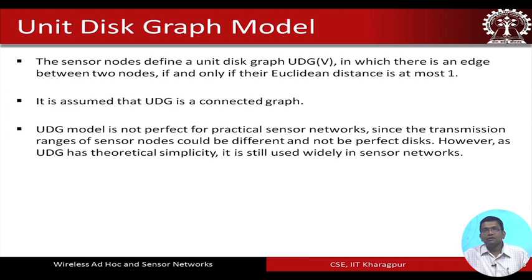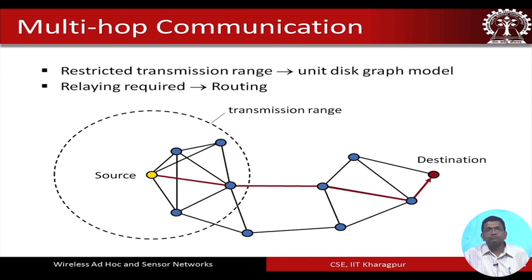In fact, the transmission ranges of the different sensor nodes might be different, and they may not be perfect disks due to environmental factors or other reasons. However, as UDG is a theoretically simple concept, it is still used widely in the sensor networks literature, particularly the theoretically oriented literature.